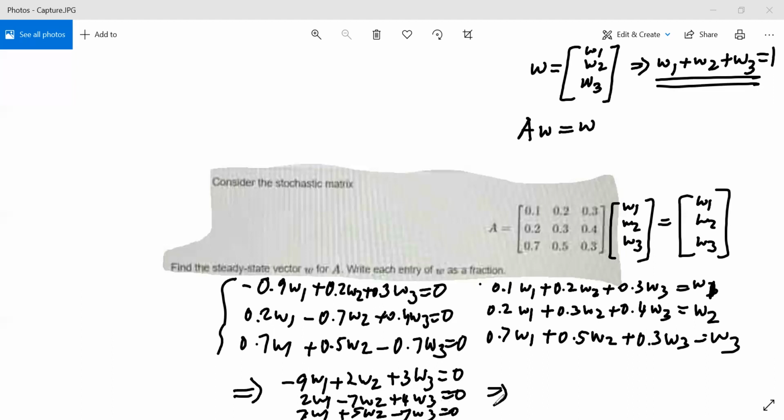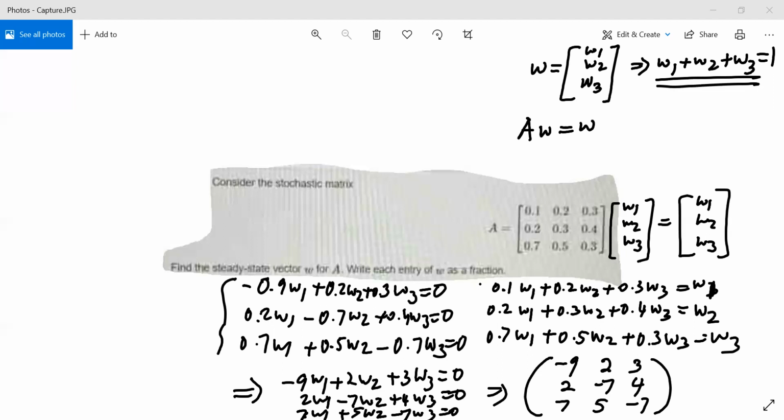So this corresponds to this homogeneous form: negative 9, 2, 3, 2, negative 7, 4, 7, 5, negative 7, right? And then just solve this. When you solve this, we should have a unique solution actually.